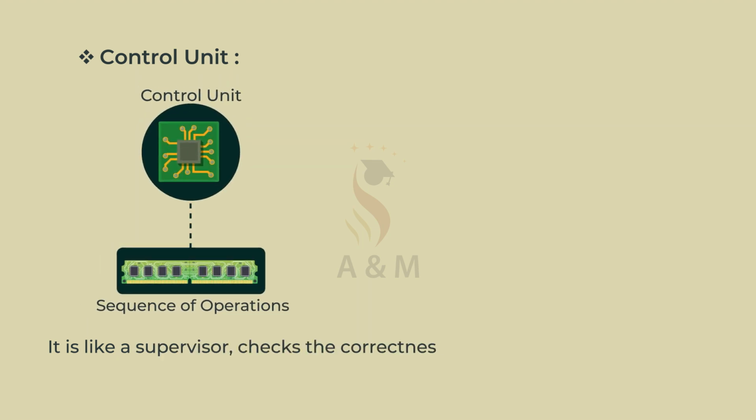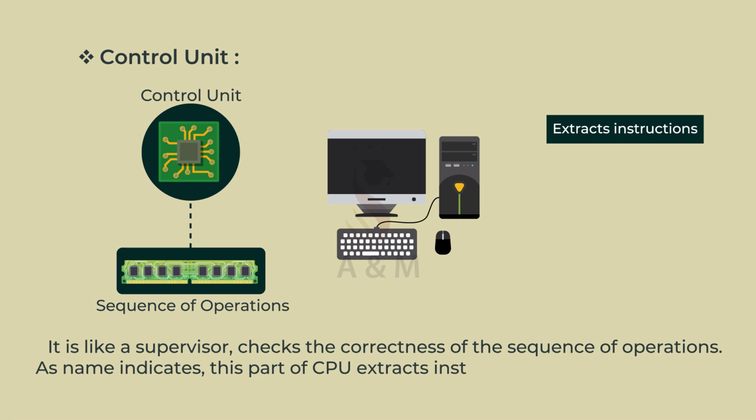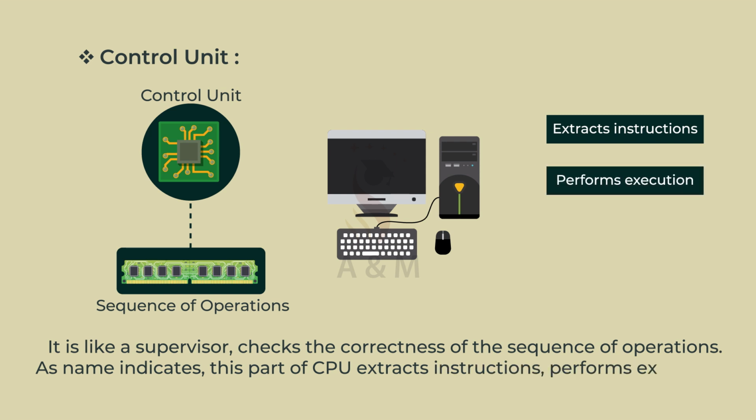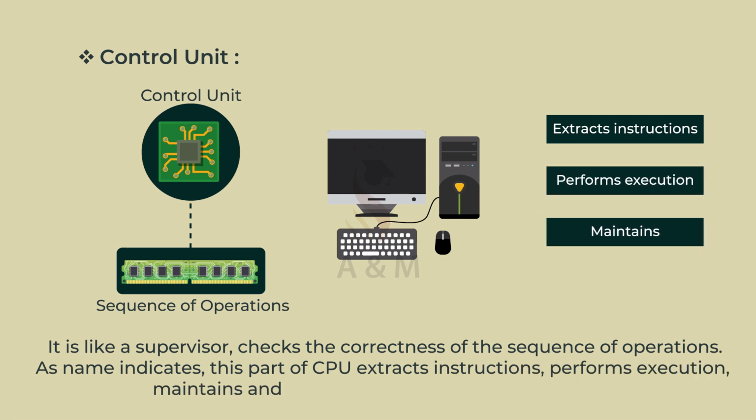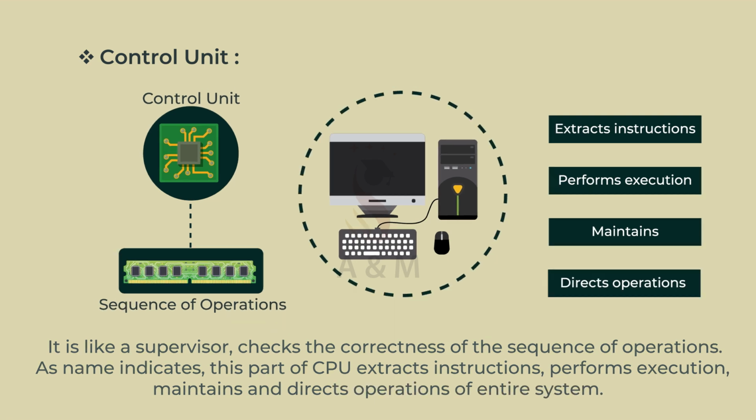Second, Control Unit. It is like a supervisor, which checks the correctness of the sequence of operations. As the name indicates, this part of the CPU extracts instructions, performs execution, and maintains and directs operations of the entire system.